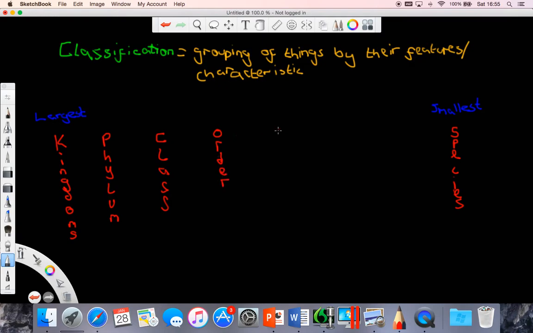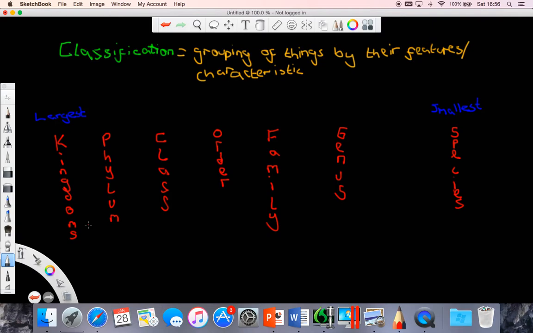From the order, we move to the family. And from the family, we move to the genus. And then from the genus, we go to the species. As we go down, these groups get smaller and smaller, and less organisms are found in them.